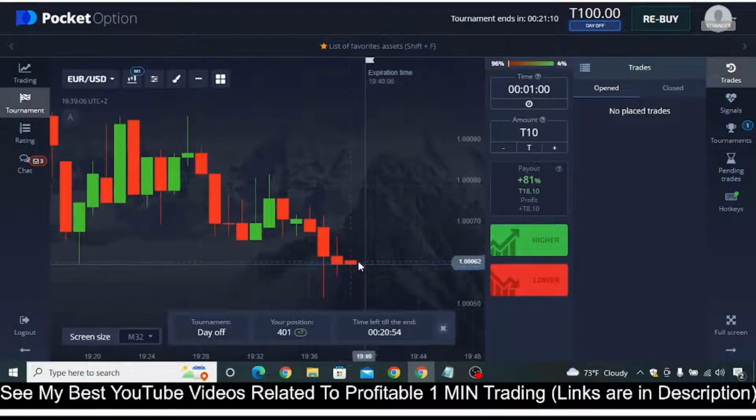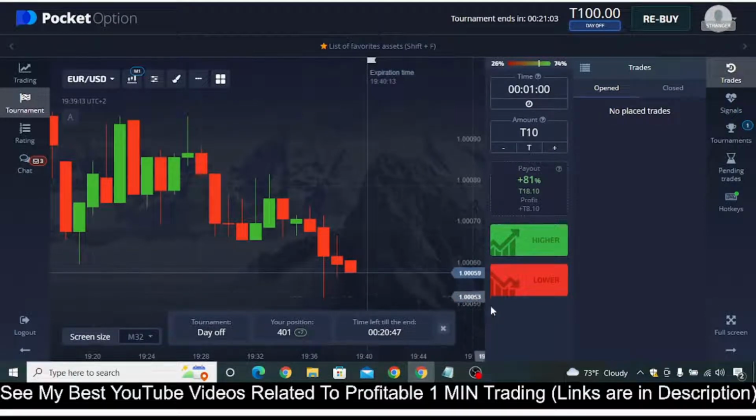So now I can assume that this candle is going to go down. Now I'm not saying it randomly, okay? I'm using a proper strategy to do so. So let me wait a little bit. Okay, it has been falling, so let's wait for some time.